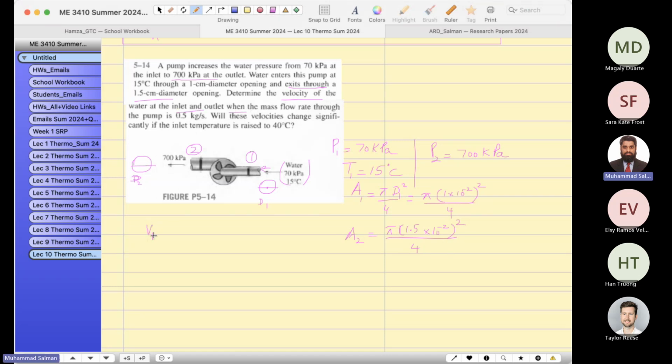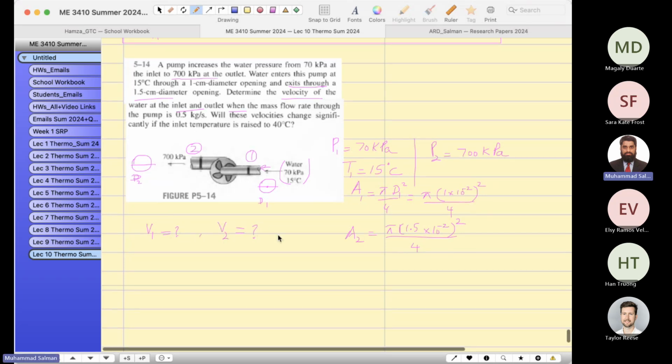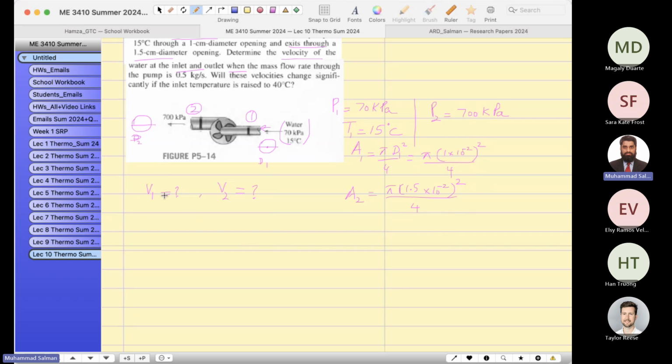So we have to find V1 and V2 when the mass flow rate through the pump, m dot, is given. If we know m dot, we know that m dot equals area 1 times V1 over specific volume v1.